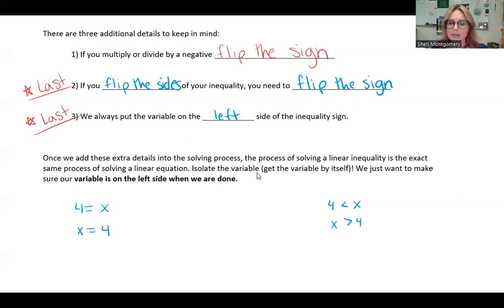Down at the bottom, it basically says we solve them exactly the same. The goal is still to isolate the variable, or get the variable by itself. The only difference is that we flip the inequality sign if we multiply or divide by a negative, and we make sure that the variable is always on the left side.